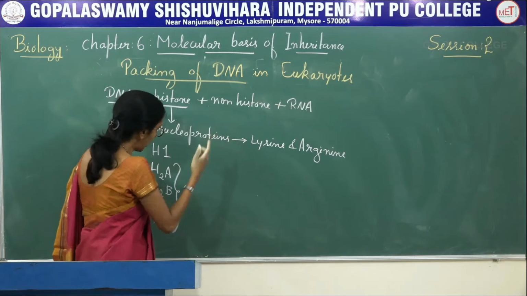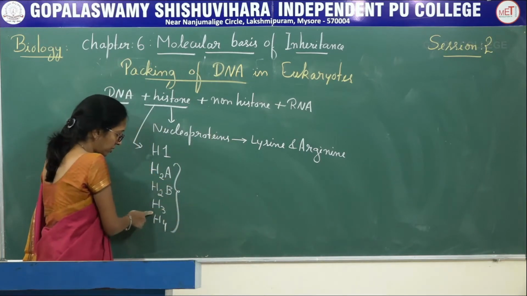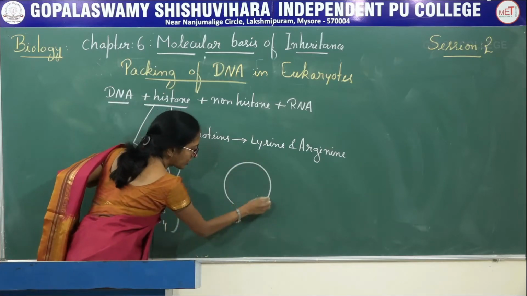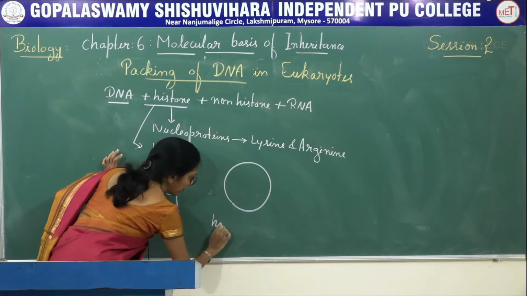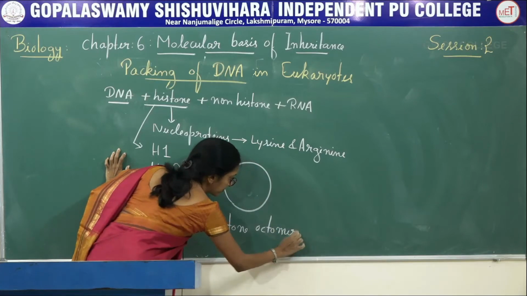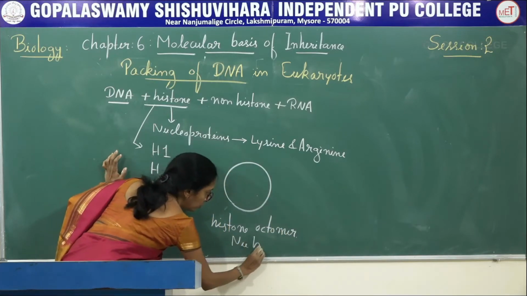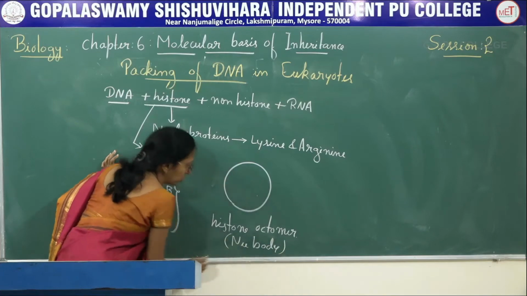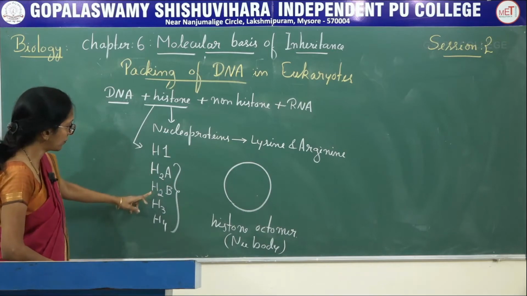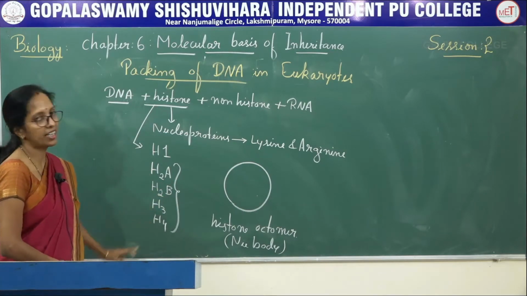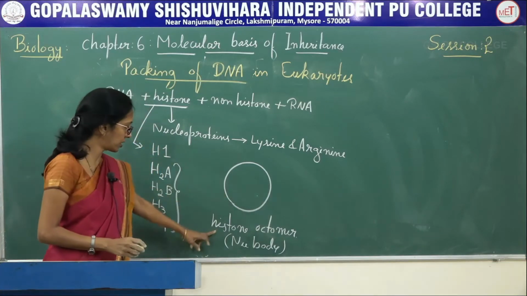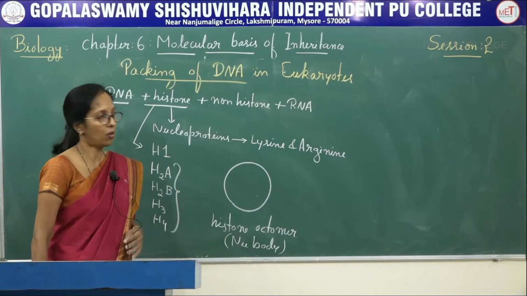That means 2 molecules of each, to form a structure. This is said to be histone octamer, also known as nu body, NU, nu body. So, what is meant by histone octamer? H2A, H2B, H3 and H4 assemble together in pairs to form a structure that is said to be histone octamer.